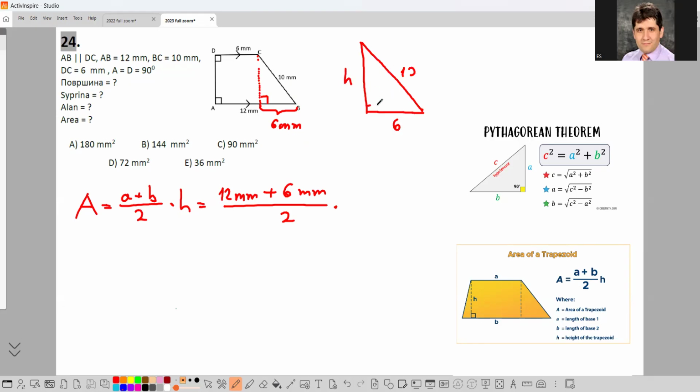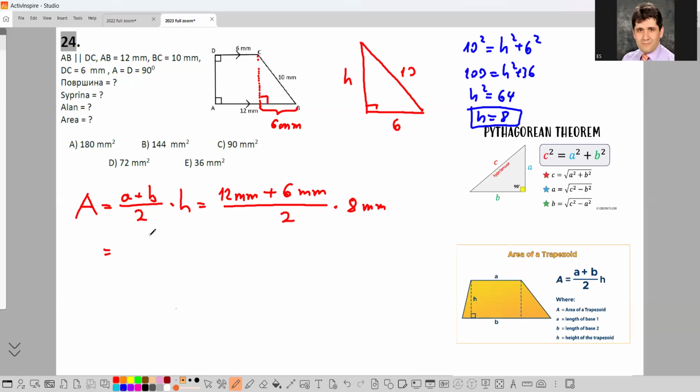Now, what's the height? It's a right angle triangle, Pythagorean theorem. So 10 squared, the hypotenuse squared, is height squared plus 6 squared. 100 is height squared plus 36. Height squared is 64. Height is 8. So we found that height is actually 8 millimeters.